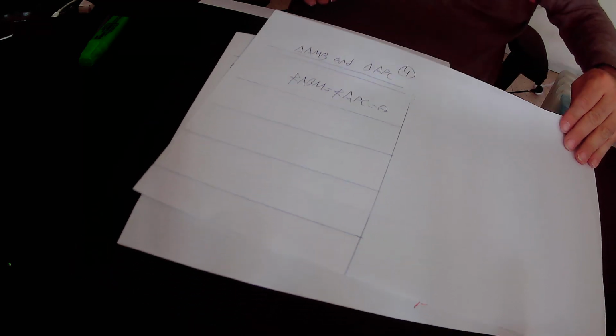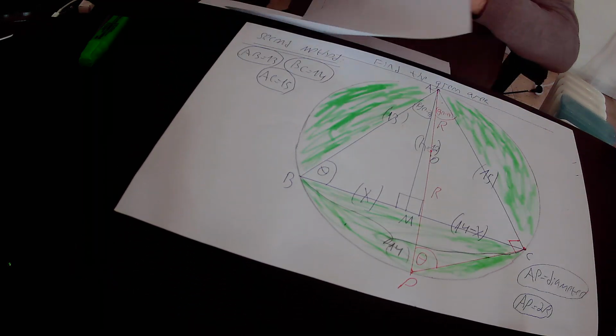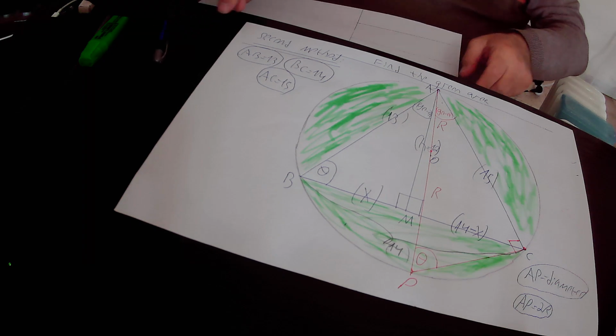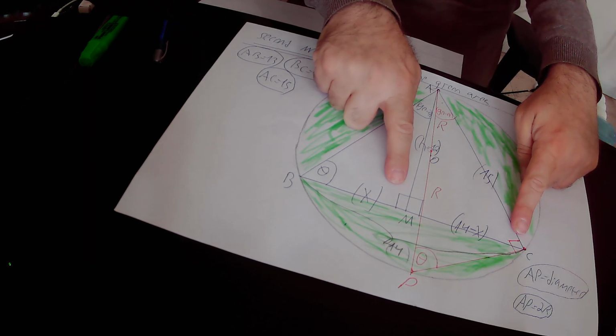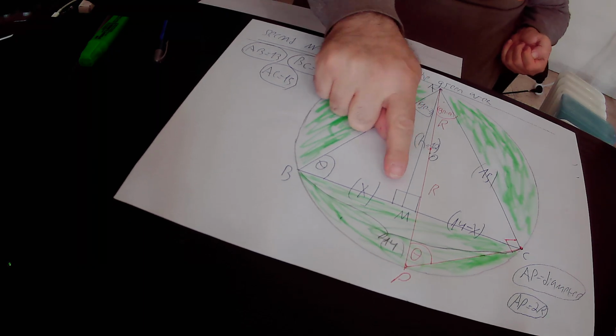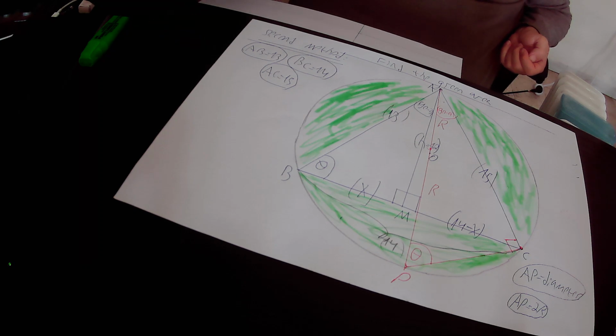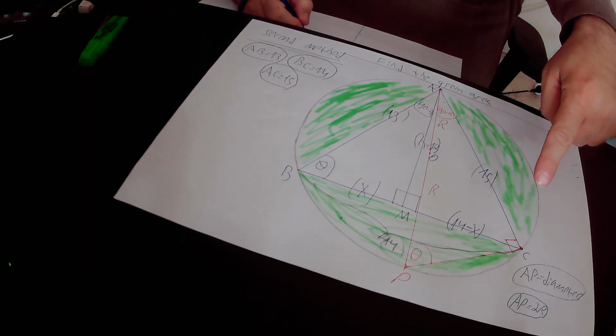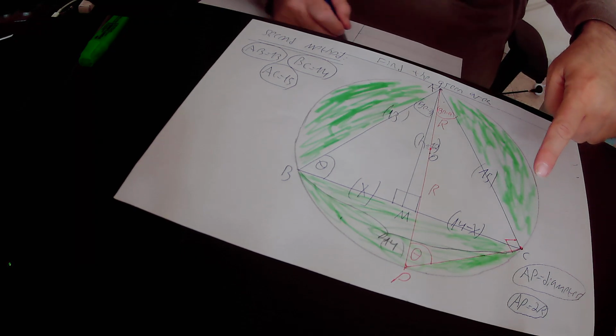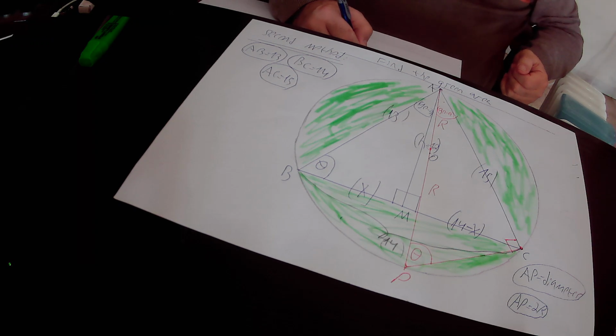In addition, those two angles are both equal to 90 degrees, therefore they are equal to each other. This is angle AMB in triangle ABM, and it is equal to this angle, which is angle ACP in triangle APC.